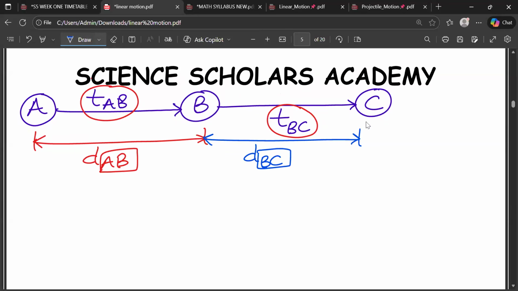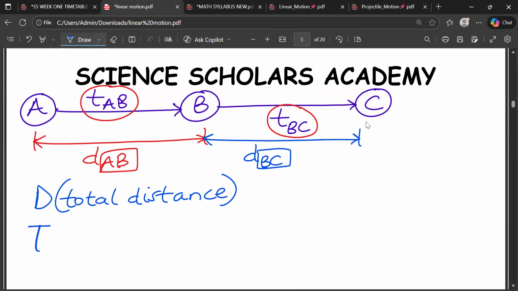So you all know that capital D is called total distance. Every time you deal with totals, make the letter capital: total distance. Then if it is capital T, it is no longer time but total time taken. Those things of total distance covered and total time taken were things of primary school.